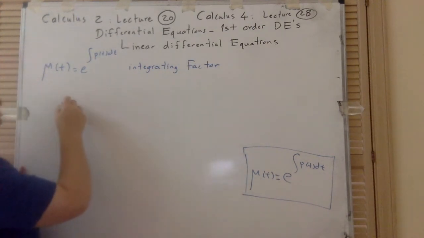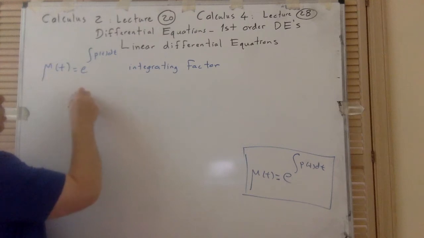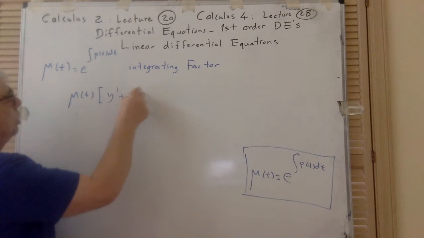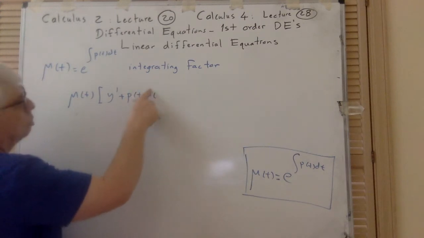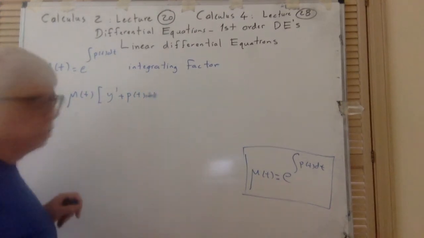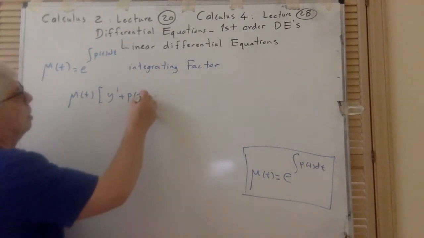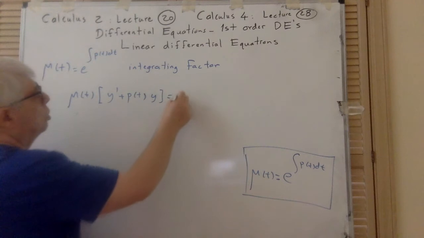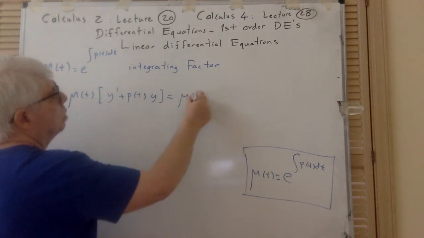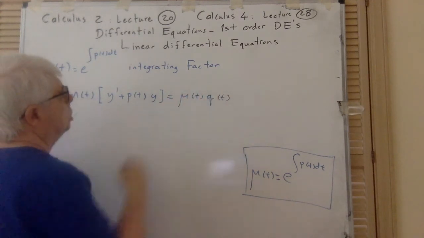So this mu t is multiplied by the left side, y prime plus p t y, and this equals mu t times the right side, which is q t.